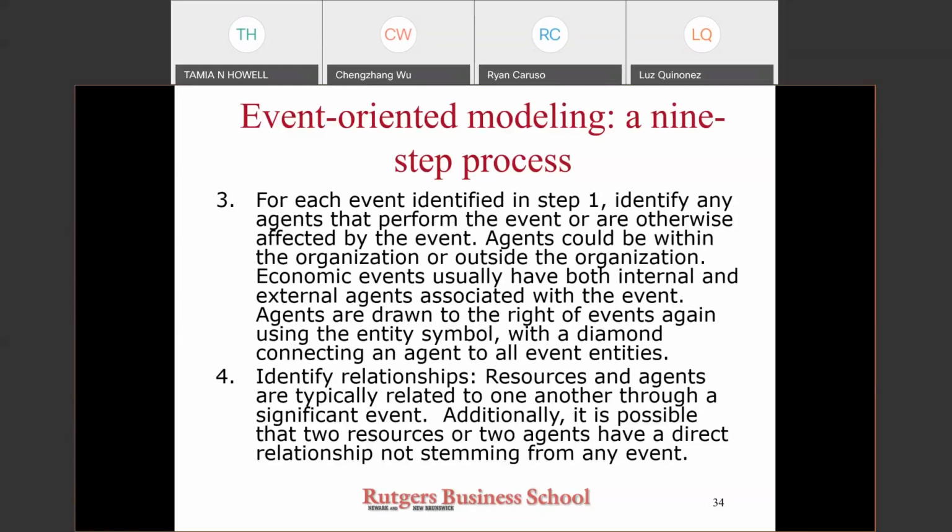So it is necessary to identify resources related to one another, as well as the agents related to one another. Finally, it is also necessary to identify the interrelationships between events.